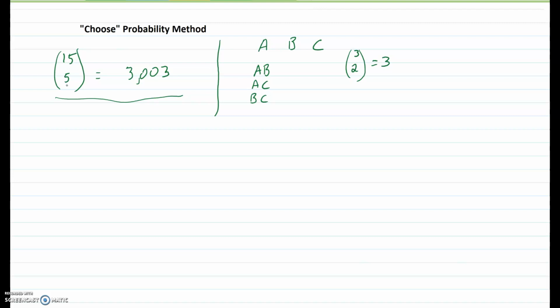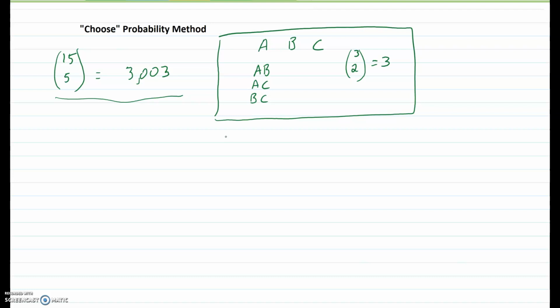Now, at this stage as well, I want to make sure that you are clear on the differences between choose and permutations. So let's stick with this example and talk about what if I was talking about permutations here.